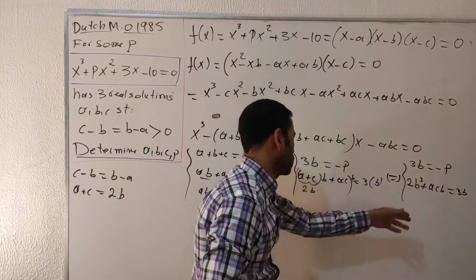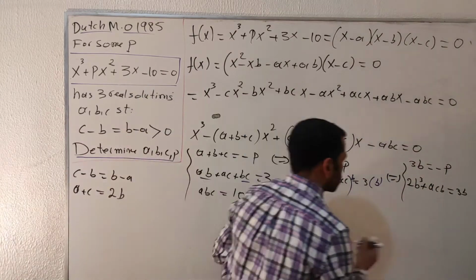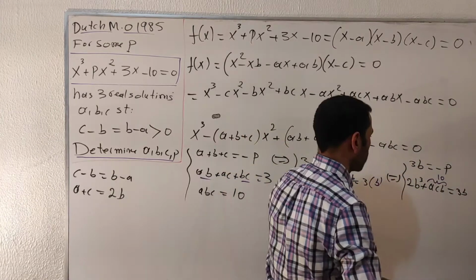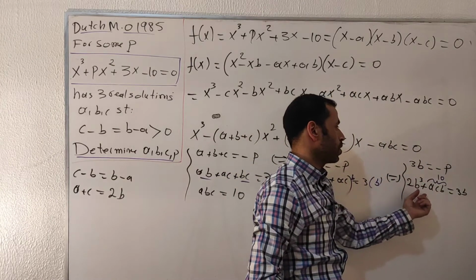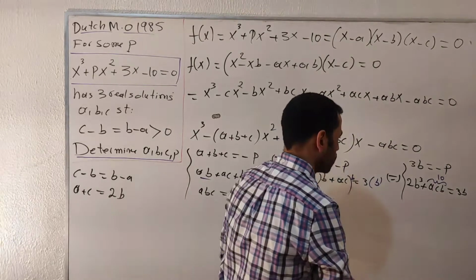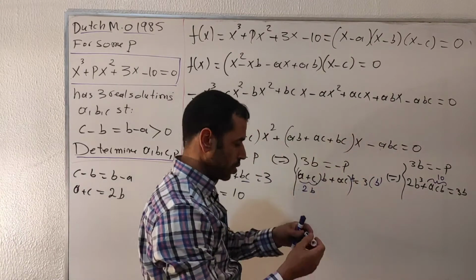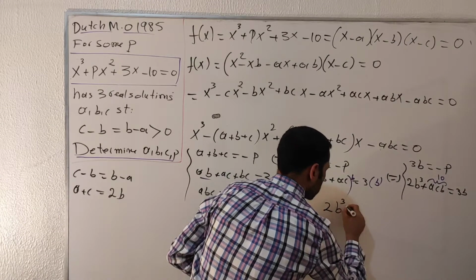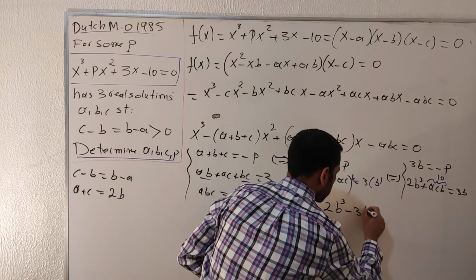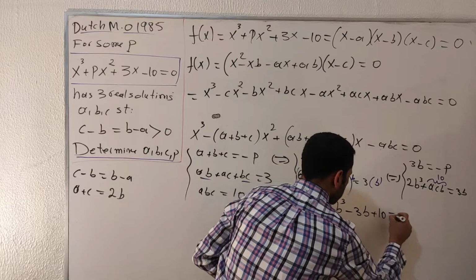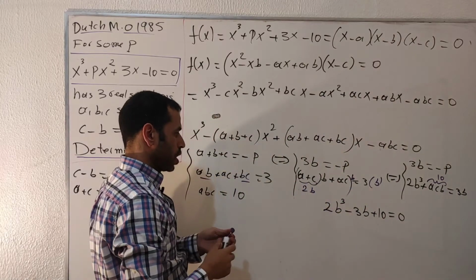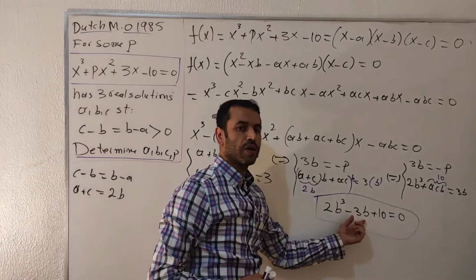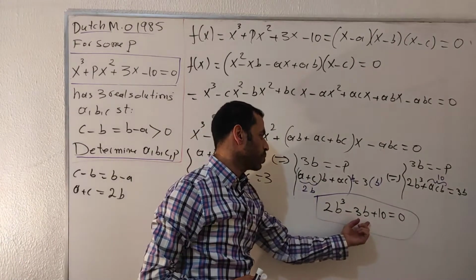We know acb equals 10, so I replace this with 10. A nice equation in terms of b. Moving 3b to the left, I get 2b cubed minus 3b plus 10 equals 0. I have ended with a nice expression in terms of b. Now I'm going to solve this equation for b.